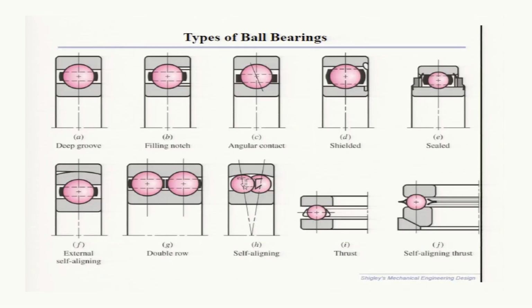There are different types of ball bearing: the deep groove, filling notch, angular contact where the contact is along an angle, then the shielded, sealed, double row where two rows of balls are there all along the circumference, then the self-aligning type where misalignment of the shaft is possible, then the thrust bearing and the self-aligning thrust bearing.